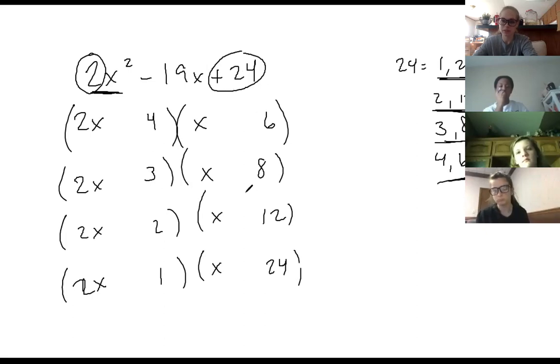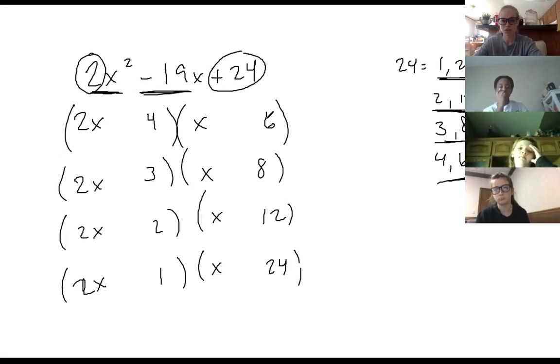And so now the key is, what's going to get me a negative 19? My outside and my inside terms. I really just have to do guess and check on this method right here. And it will work.